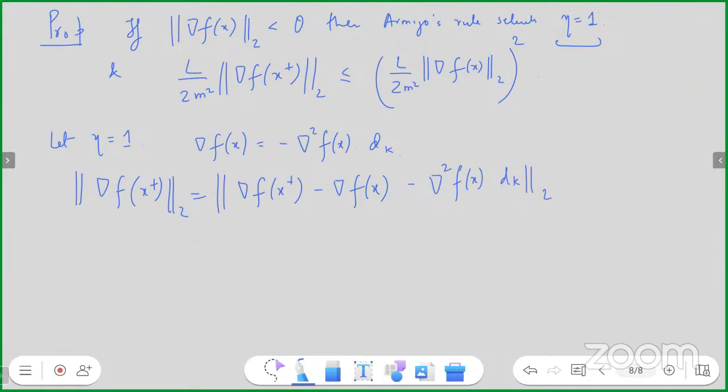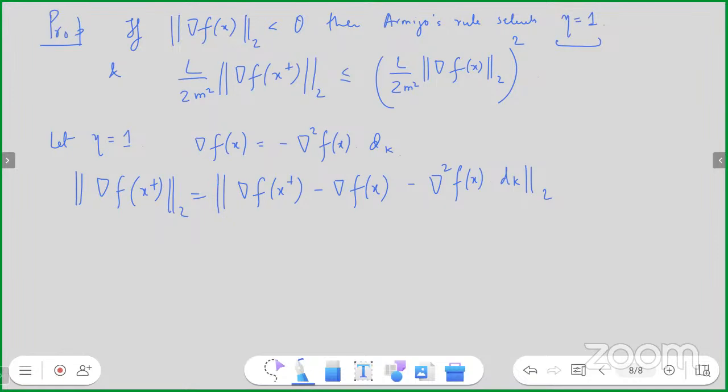Everybody is okay with that? I'm adding and subtracting the gradient, and I'm just replacing the gradient with this one. Okay, now stare at it. This inequality is nothing but a connection between this, which is on the left hand side, and on the right hand side there is a decay, but the rest of them are just gradients.